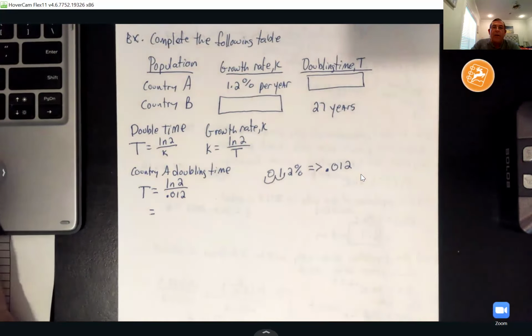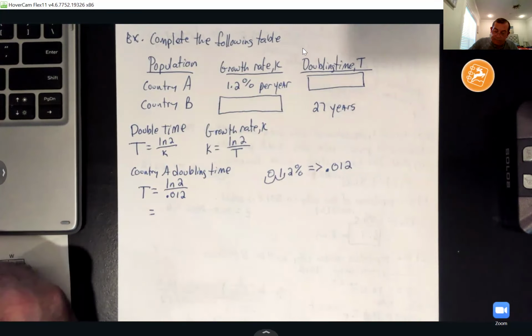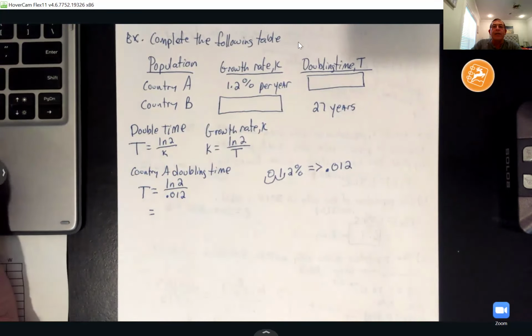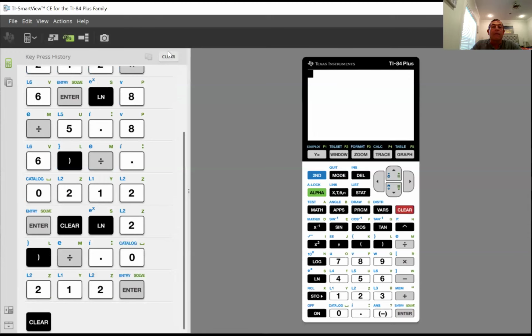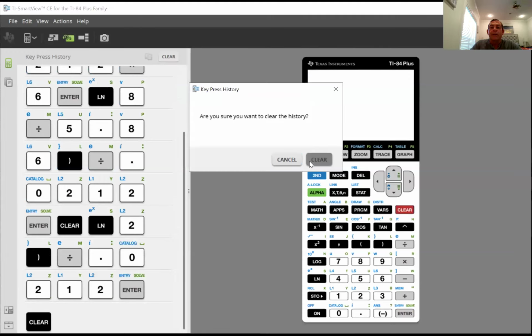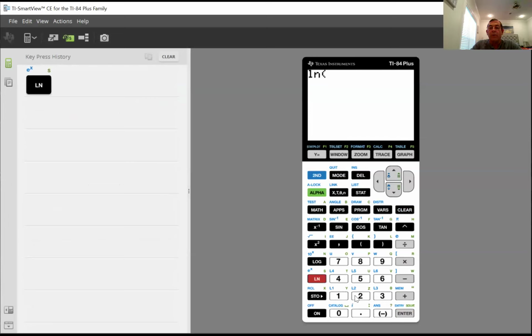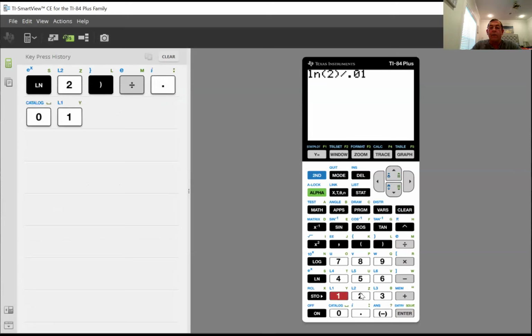All right, y'all, so we're just going to punch that in. We're going to do the ln of 2, close parentheses, divided by 0.012. We're rounding to the nearest year, so there won't be any decimal places.